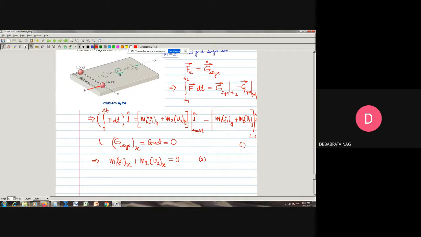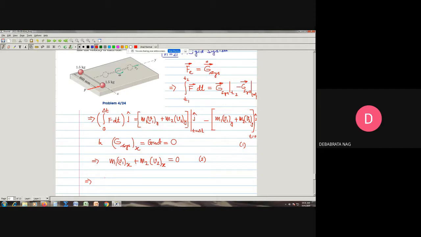For the first equation, if you recall, initially everything was 0 because the entire system was initially at rest. Since m1 and m2 are equal, we can simply write m1 equal to m2 equal to m.